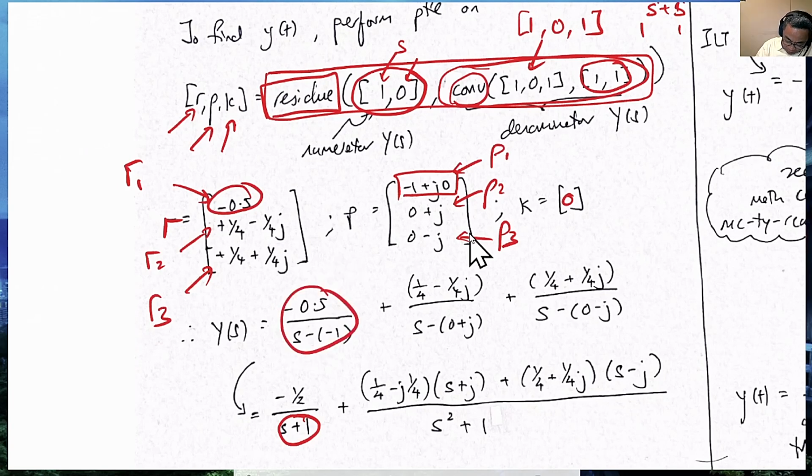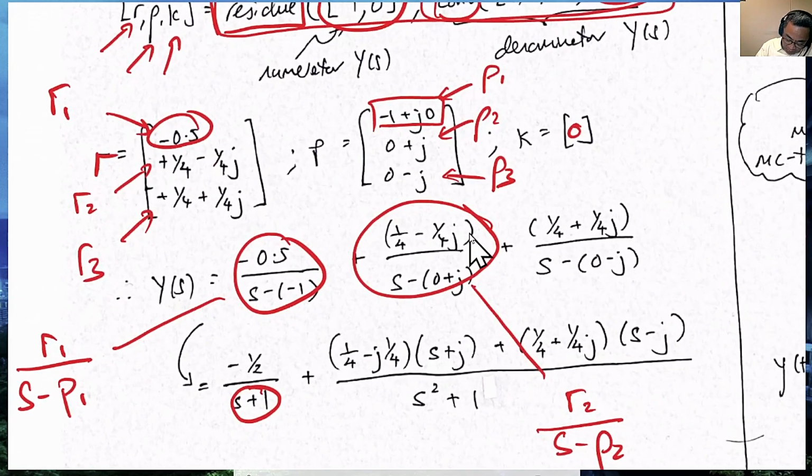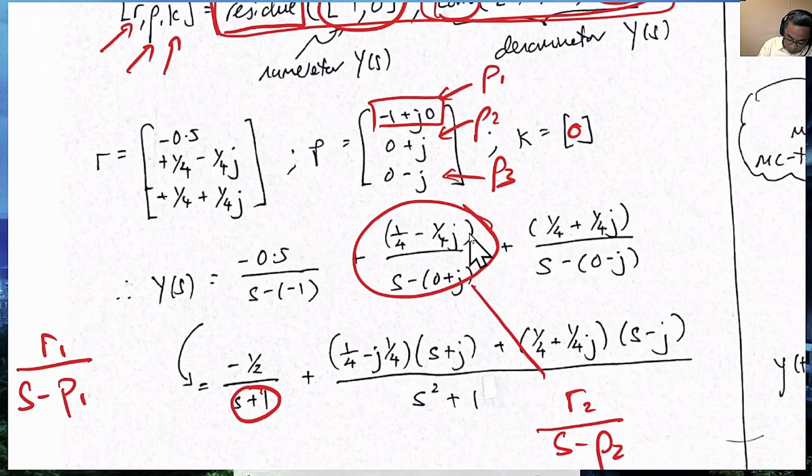This is r1 divided by s minus p1. The second term is r2 over s minus p2. The coefficient r2 is 1/4 minus 1/4 j, and s minus p2 is s minus j.